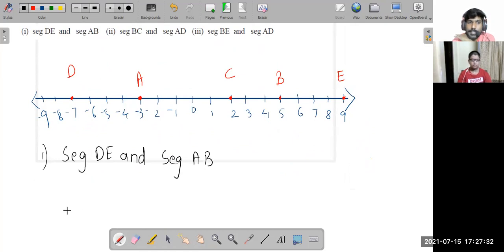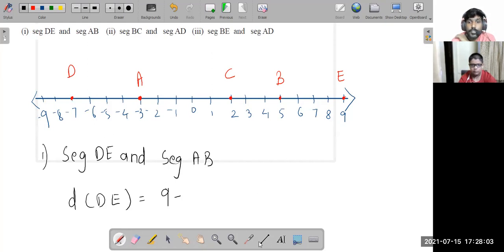First you find out the length of DE or distance DE. How to find out distance DE? Can you tell me? Units. Yes. So you have to subtract. D is -7 and E is 9. So you subtract it, bigger minus smaller. 9 minus 7.